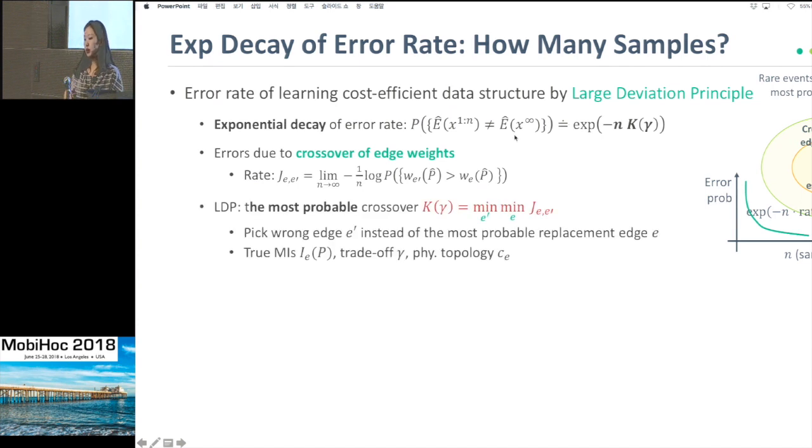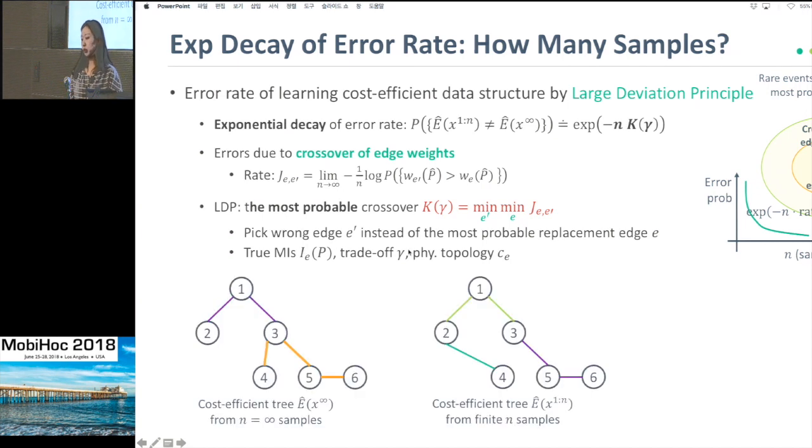Basically, to apply the large deviation principle, we consider a single candidate of the error events of our algorithm as a crossover of the edge weights from the true edge weights from the sufficiently large number of samples. So following the large deviation principle, we can characterize the error rate as the most probable crossover event, which means picking a wrong edge instead of the most probable replacement edge.